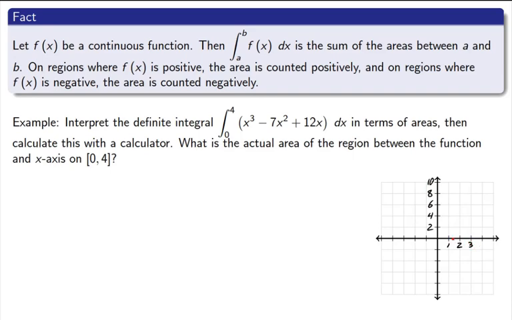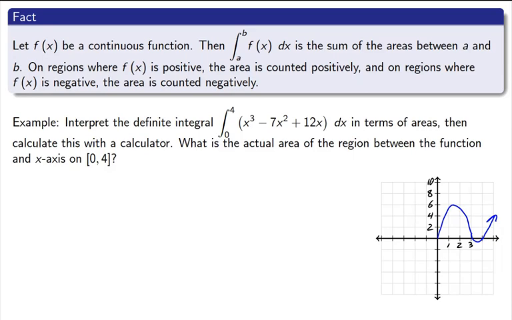So what this looks like is something like this. It goes up to 6 about right here. It comes back down to 0 at 3, and then it has this small loop as we go to 4, and keeps going to infinity. With that said, what we're interested in is finding the area under the curve from 0 to 4.